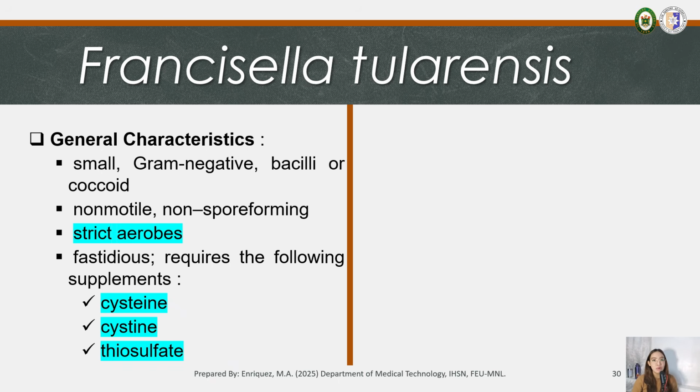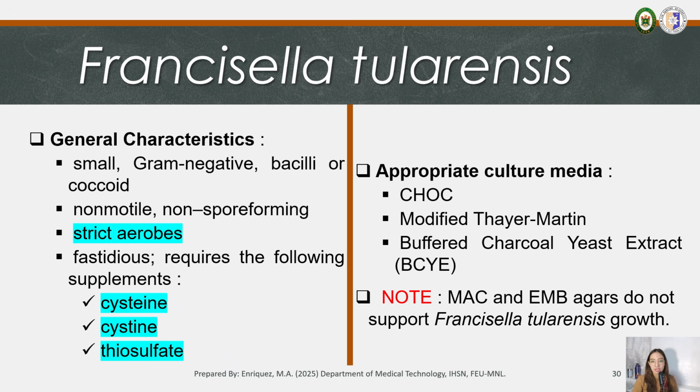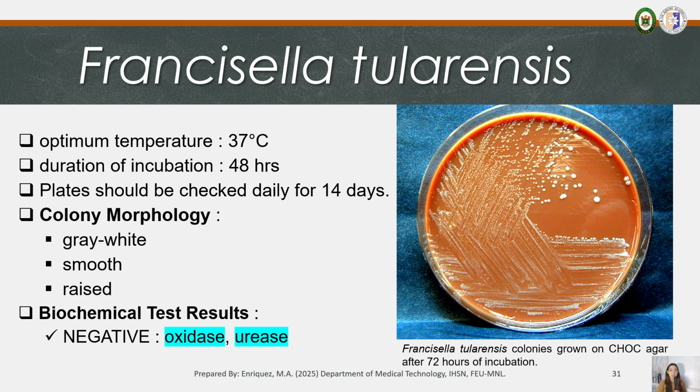Okay. Now, listed here on the left are the appropriate culture media for the isolation of Francisella tularensis. And note that this organism will not grow on MacConkey and also not on the eosin methylene blue agar. Even though growth may be observed in about 48 hours, plates must be checked daily for up to 14 days before reporting as negative.